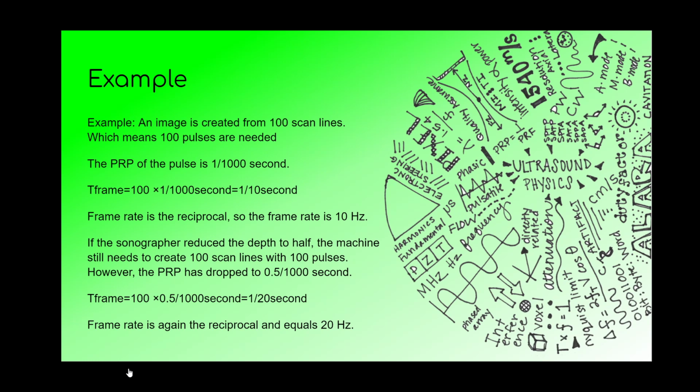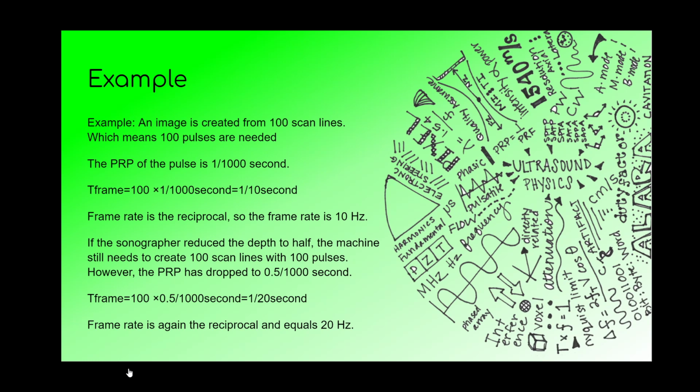So 100 pulses are needed to make 100 scan lines. If the PRP is 1/1000th of a second, the T-frame is 100 multiplied by 1/1000th of a second, which gives us 1/10th of a second. The frame rate is the reciprocal of the T-frame, so our frame rate in this example ends up being 10 hertz.